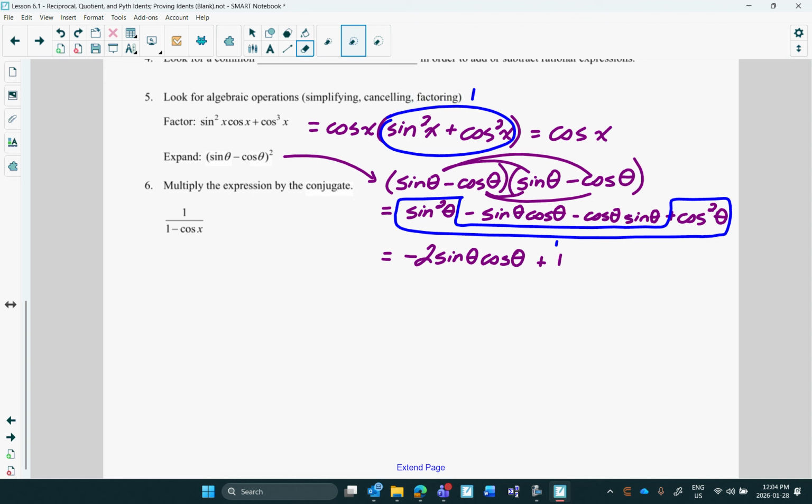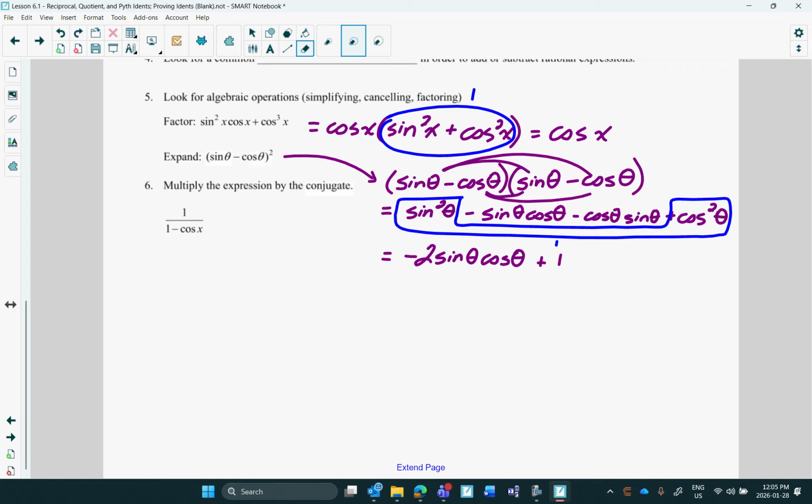Final one that I want to do. This one is very rare, but I want to show it to you because sometimes it does come up. Okay, but it is rare. If you look at this one, you can't simplify it right now. Why can't you make this sine squared?